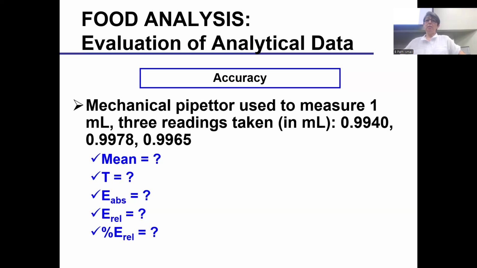Usually the mechanical pipette is accurate to the third decimal. So it will be 1.000 milliliter. Anybody got the mean?